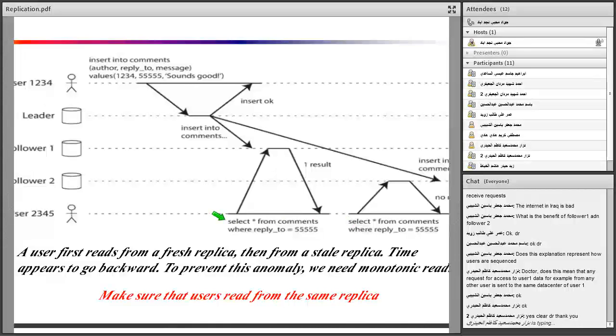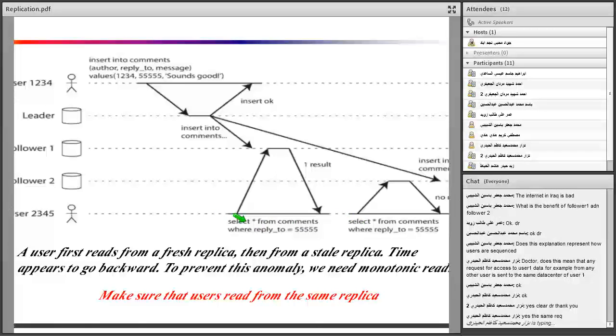You can see these are the same: select star from comments where reply to 55555, and again select star from comments where reply to 55555. These are the same, but at first this read query is sent to follower 1, and in another instance this query is sent to follower 2.